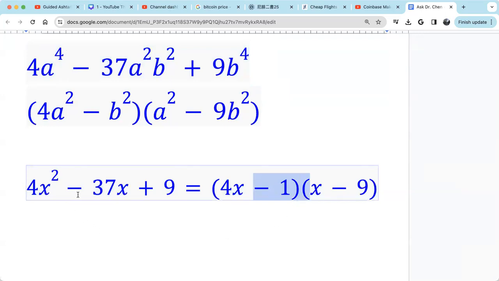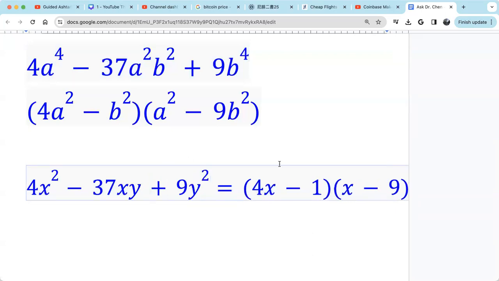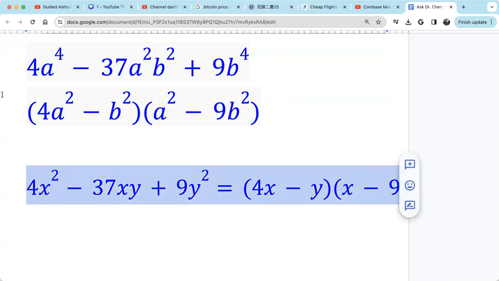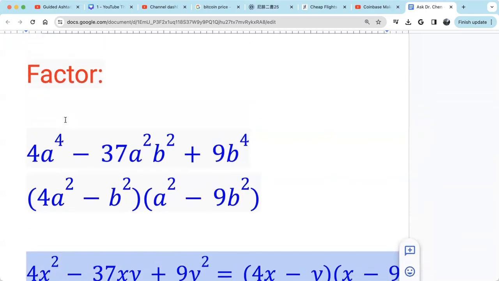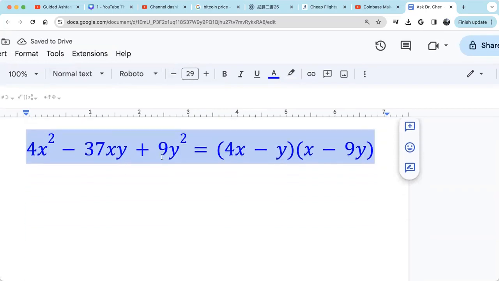So that adds up to negative 37x. Then maybe you add a y into this, then y squared, so I need to change 1 to be 1y and 9 to be 9y. Start from easy, then you go down to a more complicated version.